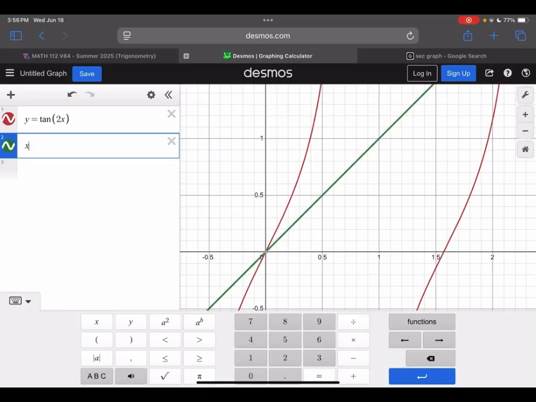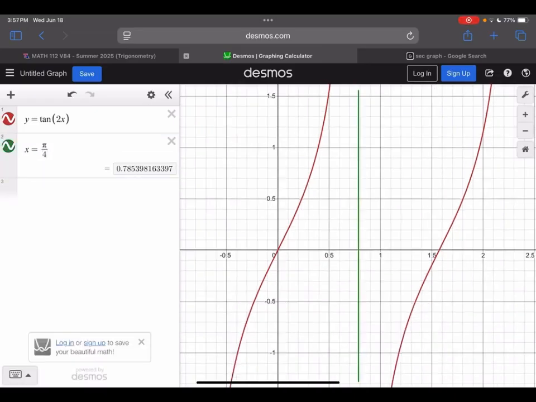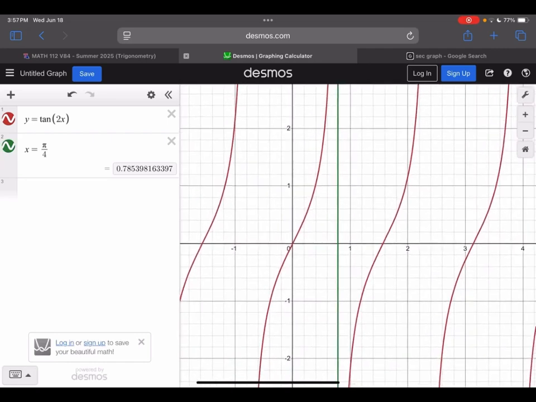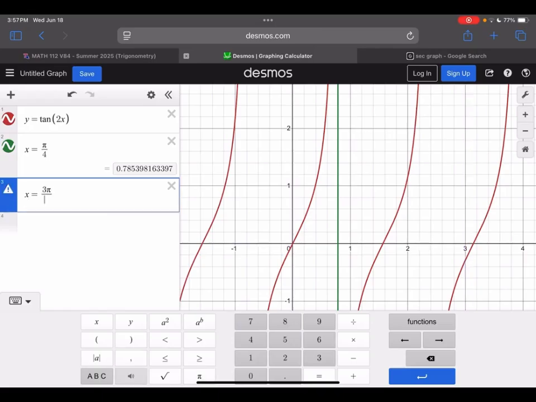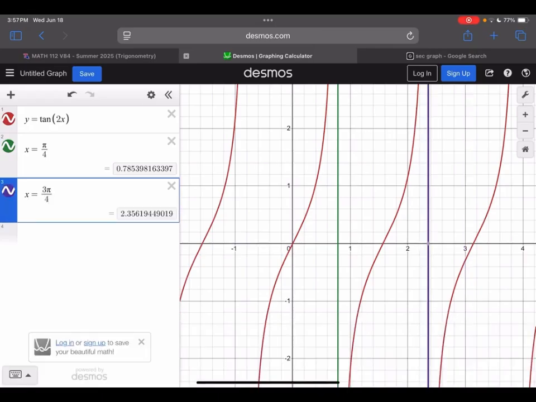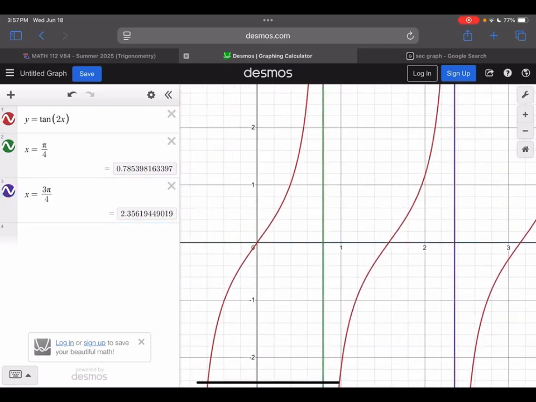Our asymptotes lie at x equals pi over 4 and my next one was at x equals 3 pi over 4. If you look between these two lines, the green and the purple, that red is like what we just graphed.